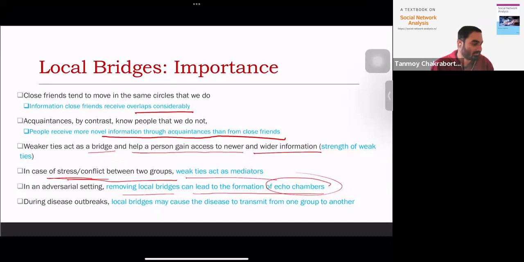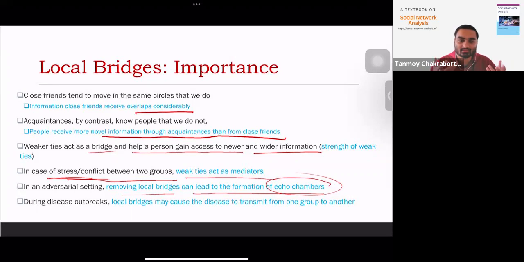For example, let's assume that there's a group and the group supports Democrats. Whenever somebody says something positive about Democrats, all the other persons in the group would retweet that tweet, for example, or share the posts. Basically within a chamber, users echo each other's opinion.